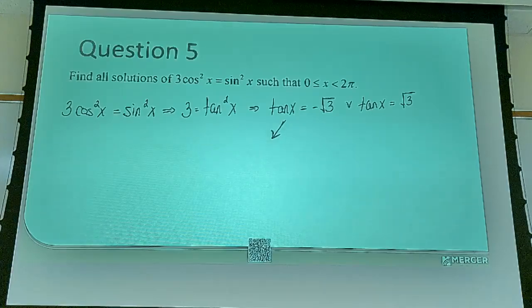So I'll just write that down for this one, because that's for tangent equals positive root 3. Where was it now for negative root 3?